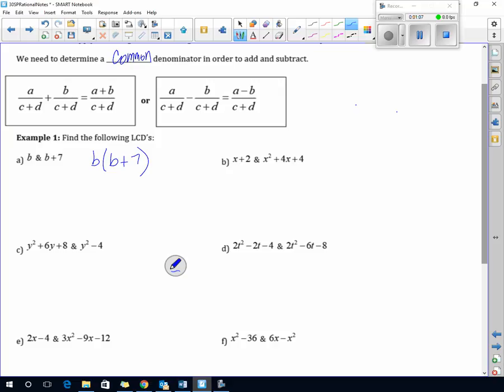So then you'd have to come up with multiples that they both go into, and there's nothing until you actually multiply the two together. Okay, how about the next one?